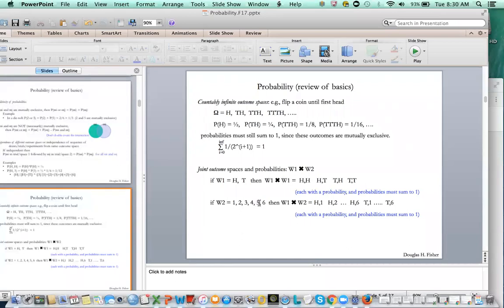The joint outcome space for two coin tosses is given by W1 cross product W2, listed after that. Each of those outcomes is going to have a probability associated with it, and those probabilities have got to sum to 1.